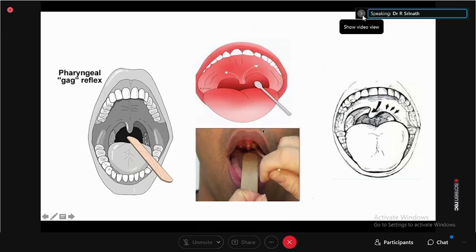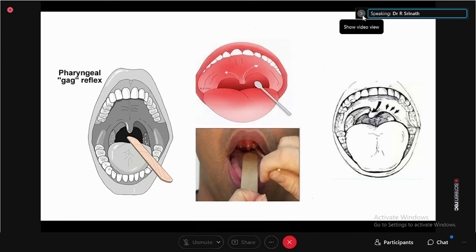Whenever there is any abnormality of the 10th cranial nerve on one side, or a brainstem abnormality, the uvula is actually pulled from the normal side, so it deviates towards the normal side.